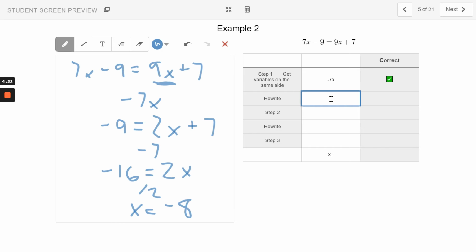We rewrite it. Negative 9 equals 2x plus 7. We subtract 7 on both sides to get our 2x by itself. Negative 16 equals 2x. We divide by 2, and we get finally x equals negative 8.